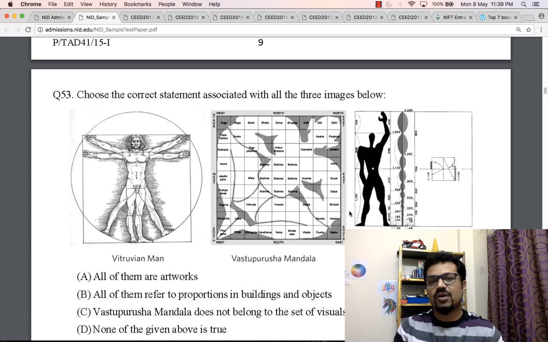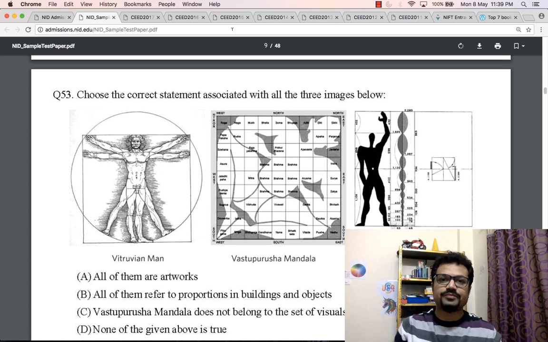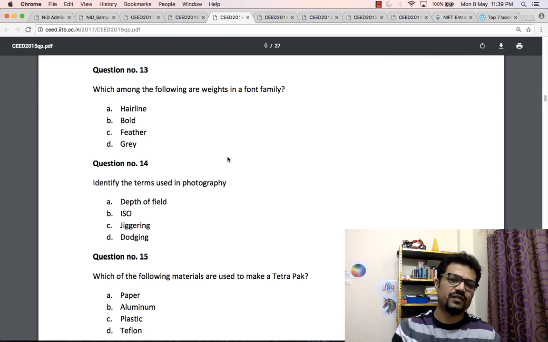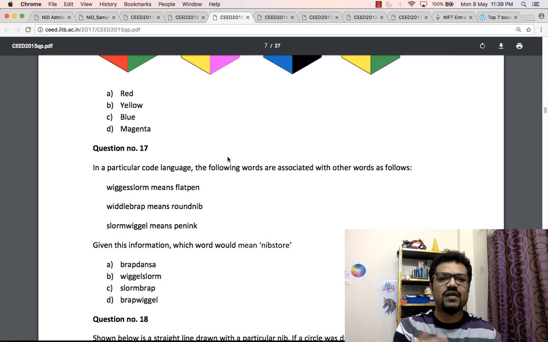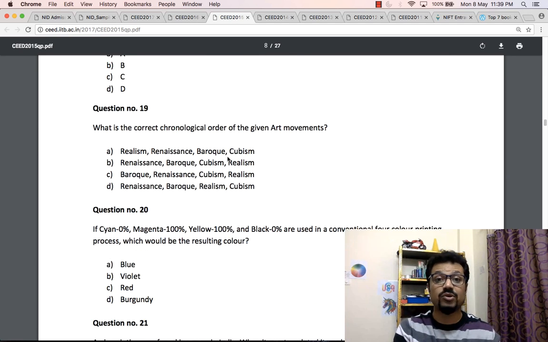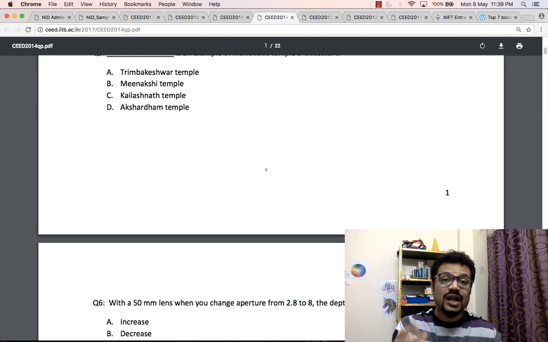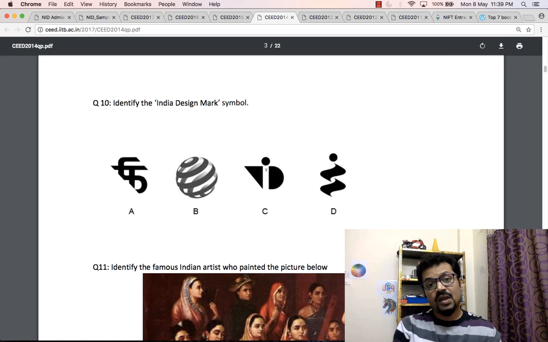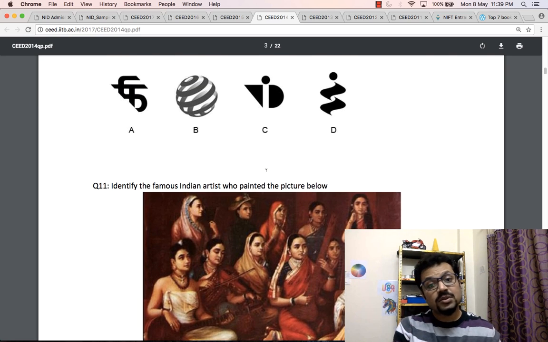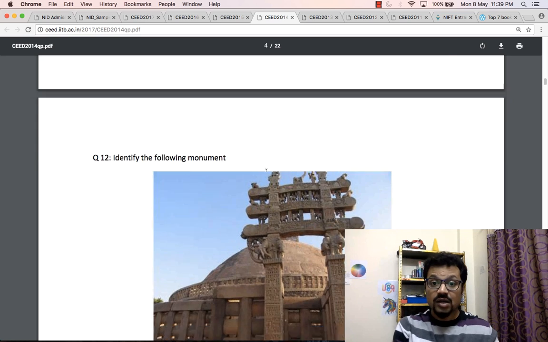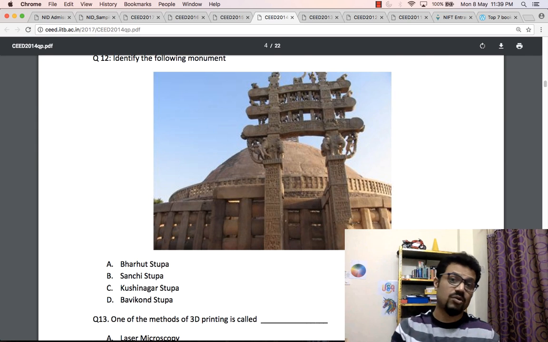If you keep your eyes open all the time and keep on reading about different stuff and stay aware about the things which are around you, these questions are very, very easy, and that is what they are looking for. They are looking for people who are inherently observant. They are looking for people who are very curious about things around them.